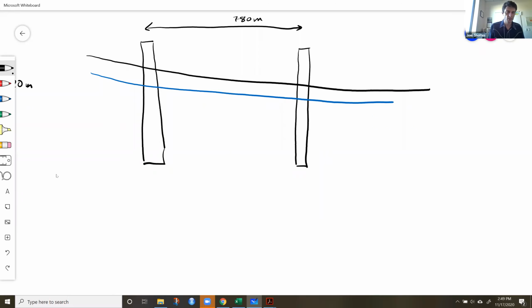We know that the altitude, or the elevation, of this well is 100 meters, and of this well is 98 meters. And we measure the depth to water in both of these wells. And we find out that this one is 15 meters, and this depth is 18 meters.